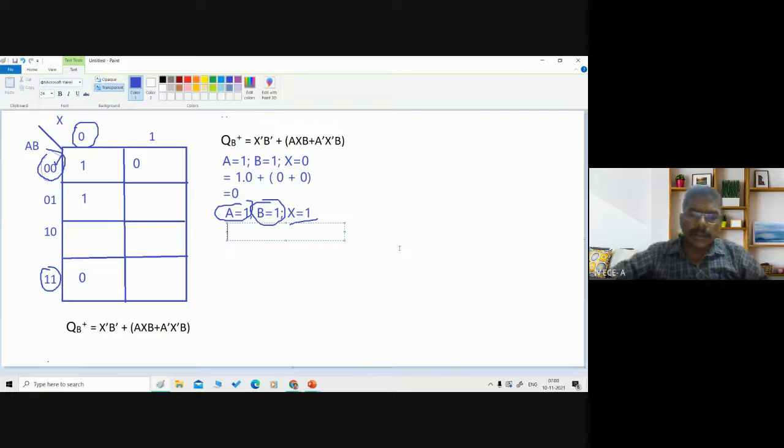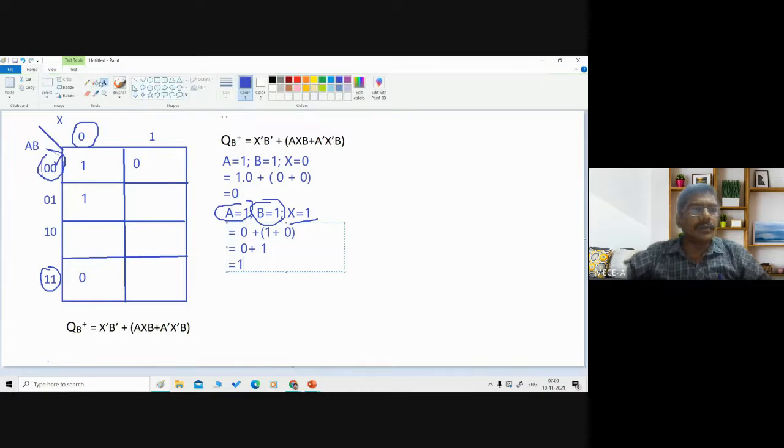Substitute in this equation, so we'll get x dash becomes 0, so first portion becomes 0. Okay, irrespective of the second variable, and a x b all are 1, so I put 1, and a dash means 0, so second portion becomes 0, so we'll get output as 0 plus 1 plus 0 equal to 1, so I get the answer 1.